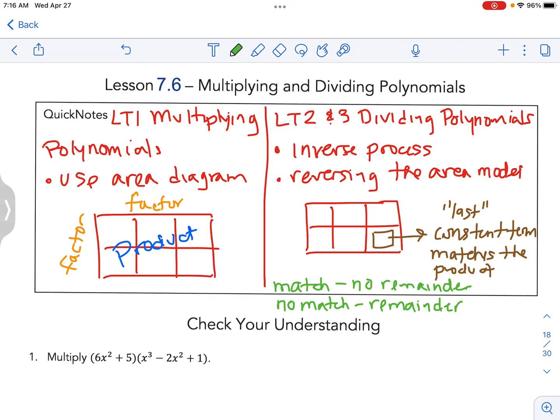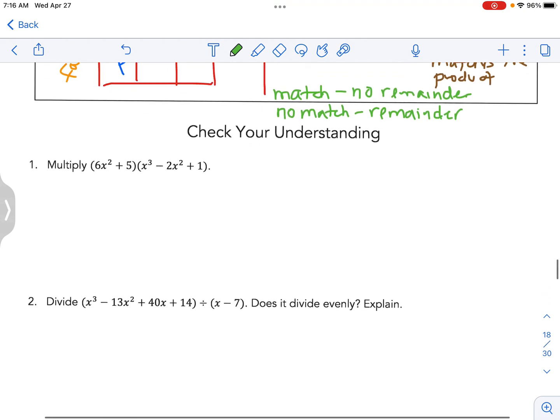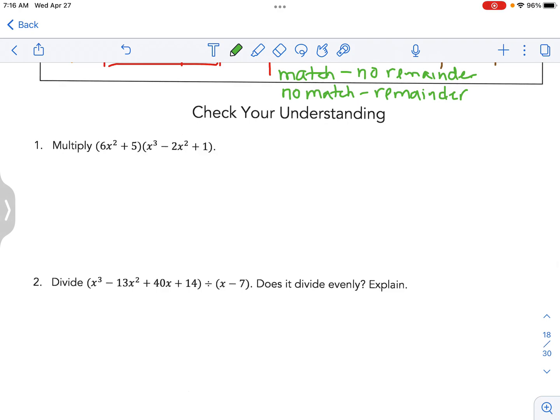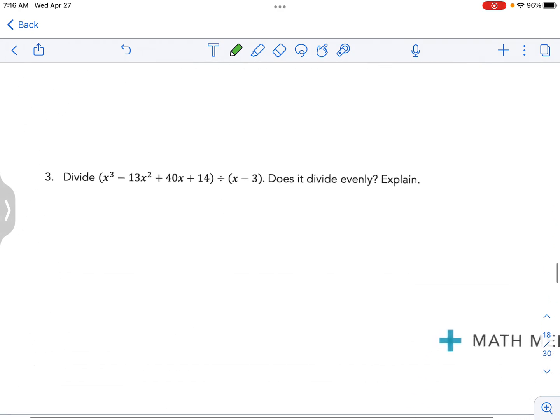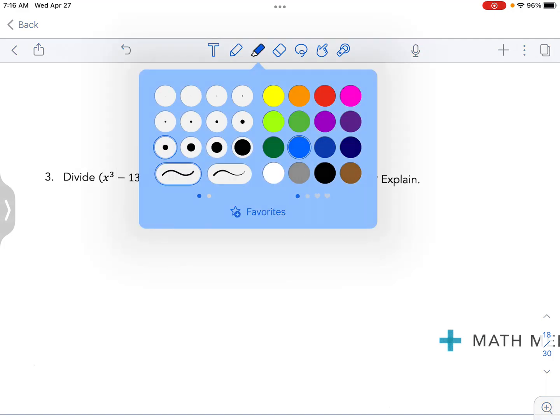So what does that look like when we don't have a match? 1 and 2 matches and there's no remainder, but 3 is going to be that scenario where we have a remainder. So we're going to do this check your understanding number 3 together. So here is my product.